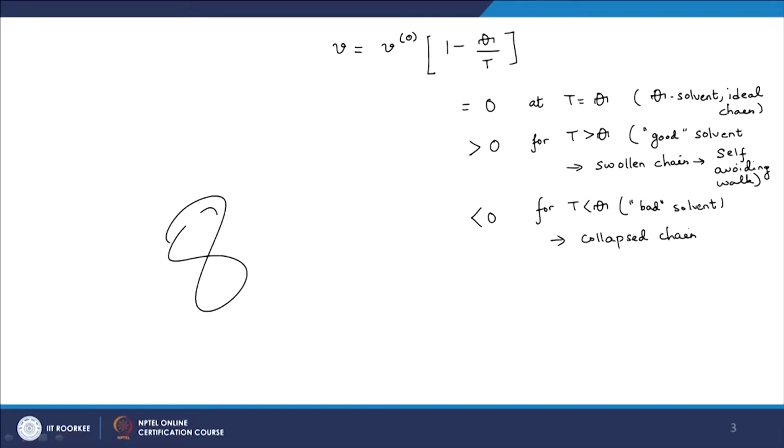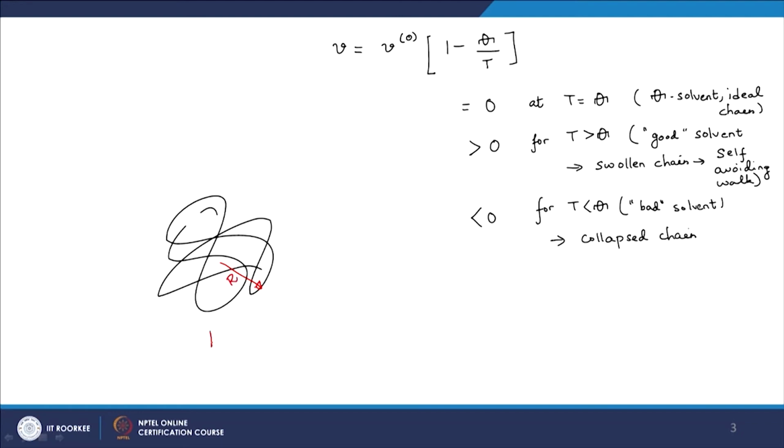So, in place of looking at the end to end distance or the radius of gyration of specific conformations and then doing an ensemble average, we will characterize the size of the chain as some quantity R, which of course corresponds to the ensemble average in a rigorous description, but since we are doing an approximate scaling theory, we are not doing a very rigorous kind of derivation. So, we will basically refer to some measure of size of the chain.